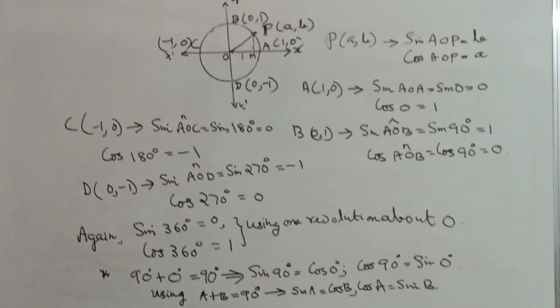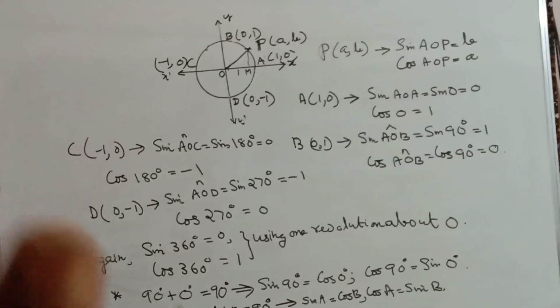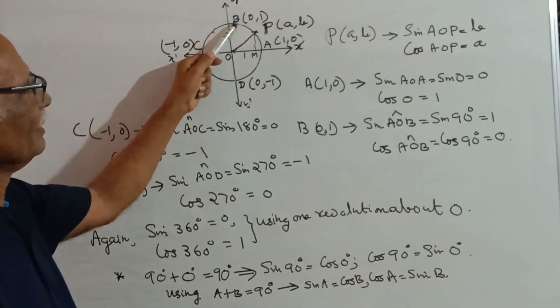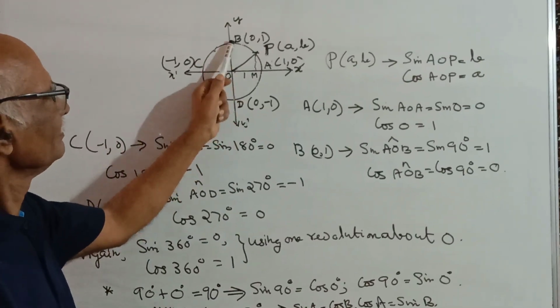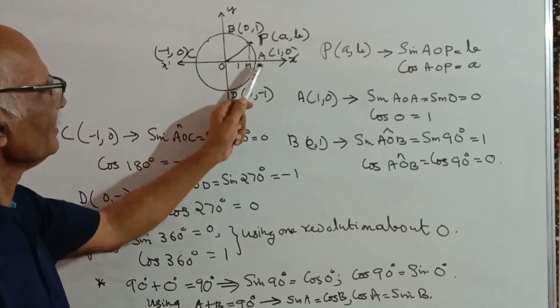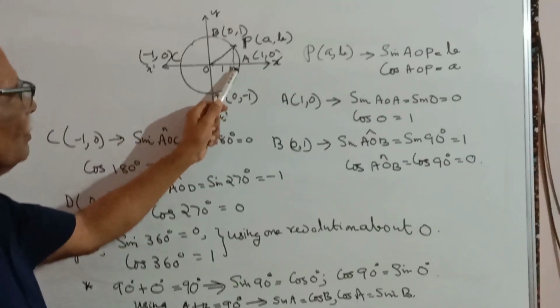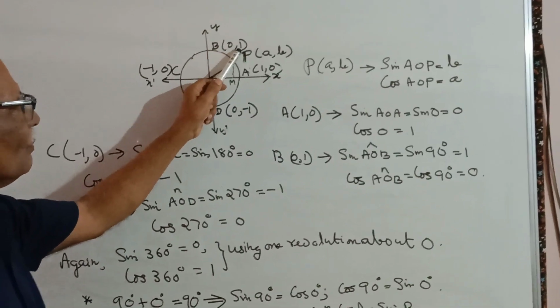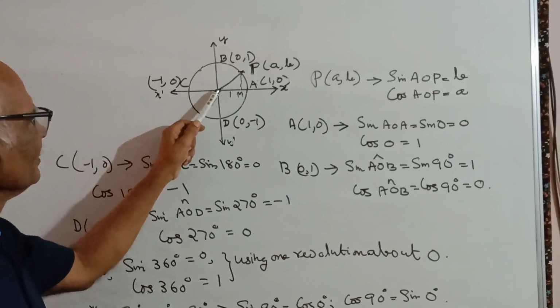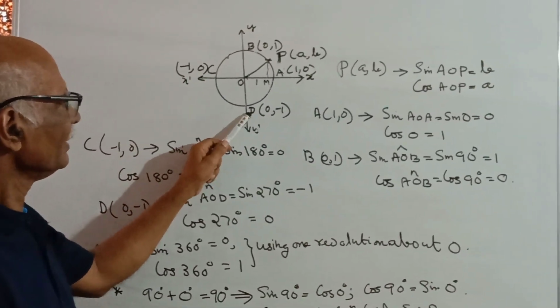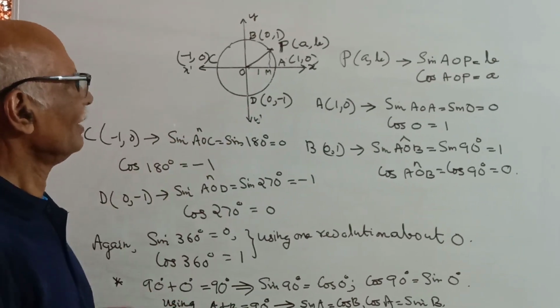Now we consider an important result. That is the unit circle, radius 1. A is the point (1, 0). B is the point (0, 1). C is the point (-1, 0). D is the point (0, -1).